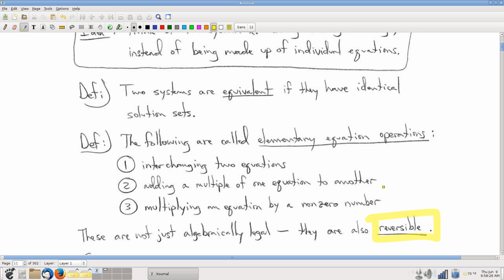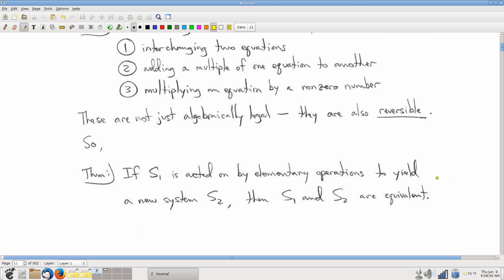And then likewise, if you multiply an equation by, critically, a non-zero number, now it's got to be non-zero, that's an important little note, well, you can divide by that non-zero number, and that's why it's got to be non-zero. You're not allowed to divide by zero. It's the fact that this is non-zero that makes this reversible. Okay. All right, so elementary equation operations are reversible is really the big point.